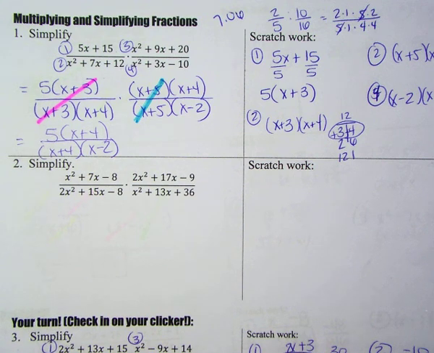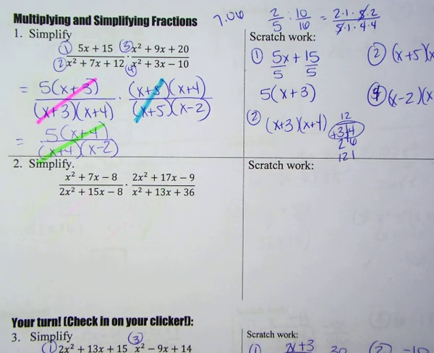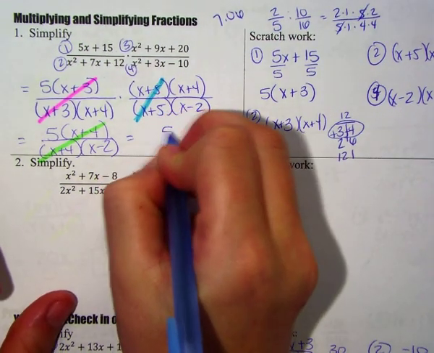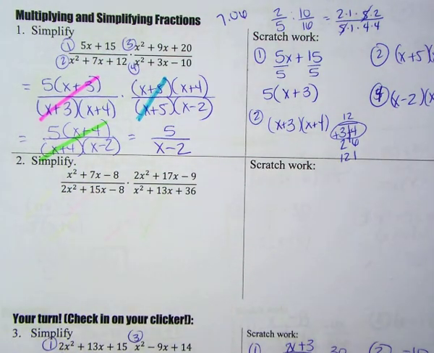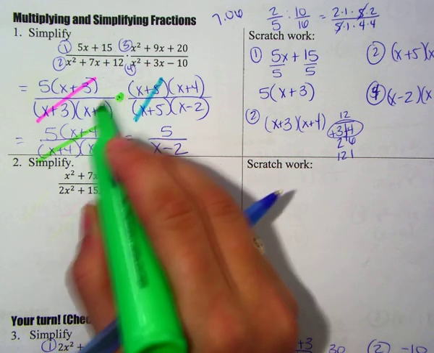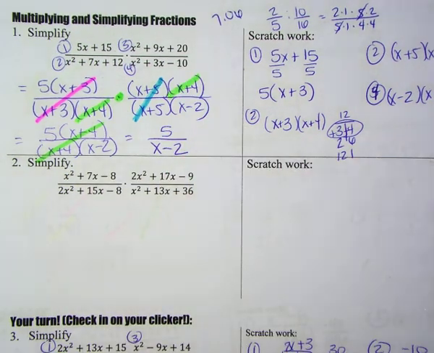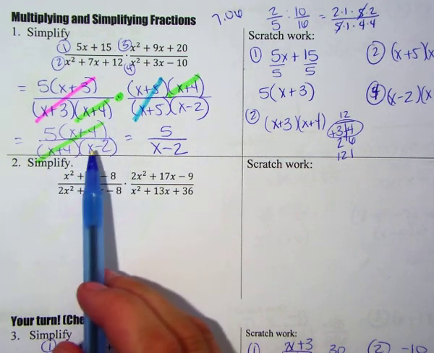And then you see it becomes x plus 4 divided by x plus 4, which reduces to 1. So this equals 5 over x minus 2. I could have done this, or since there's a multiplication sign here, I could have just reduced these here, because when all is said and done, it would be all of this multiplied divided by all of that multiplied.